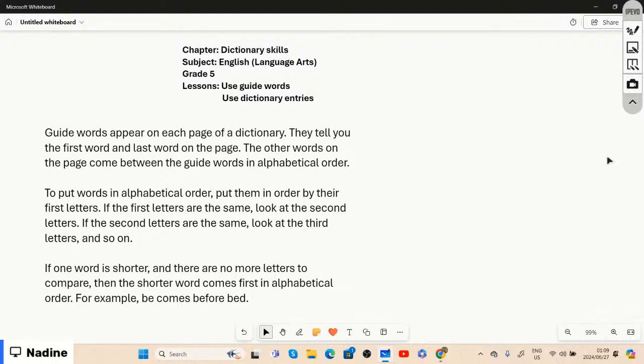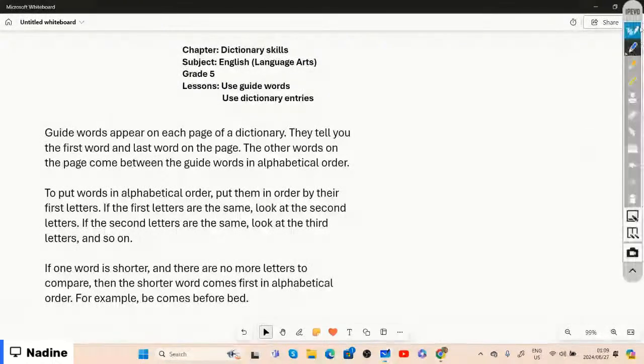All right. So guide words appear on each page of a dictionary, right on top of each page. They basically tell you the first word as well as the last word on the page. And whatever other words are in between will tell you what comes next or what comes after.